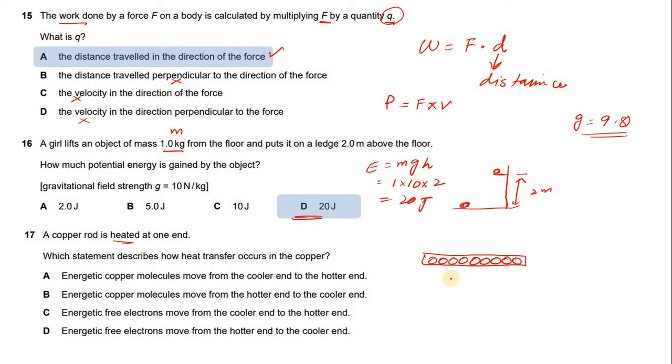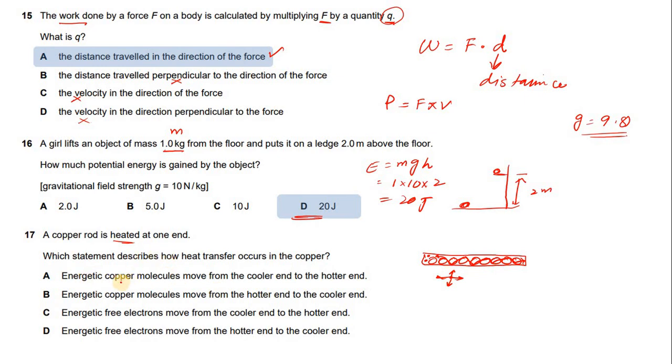They vibrate or jiggle left or right, up and down, and hit the neighboring atom. So due to vibration of the particle and collision with neighboring atom, heat is transferred. Along with the vibration of lattice ions, positive ions, there are free or conduction electrons that carry heat from the hot end, and they move throughout, and then they transfer the heat to the colder end.